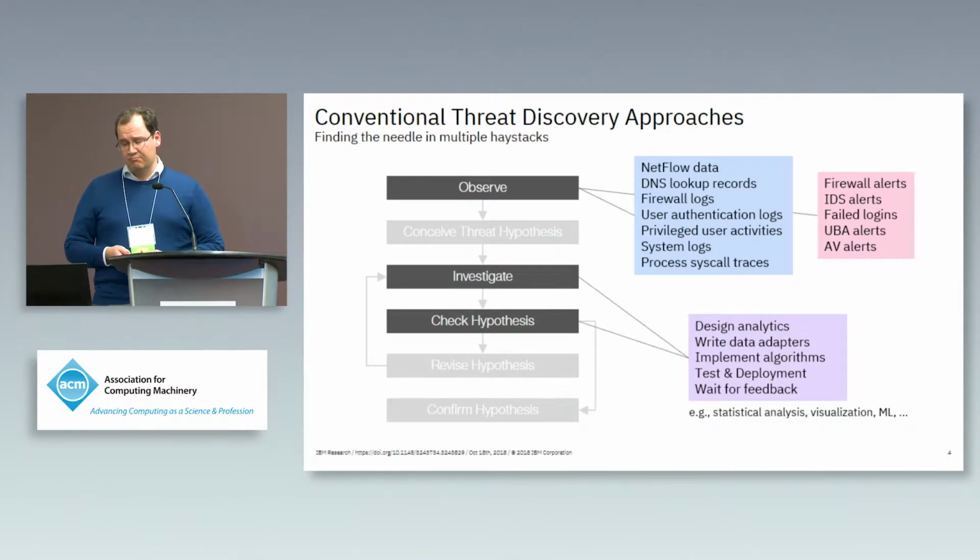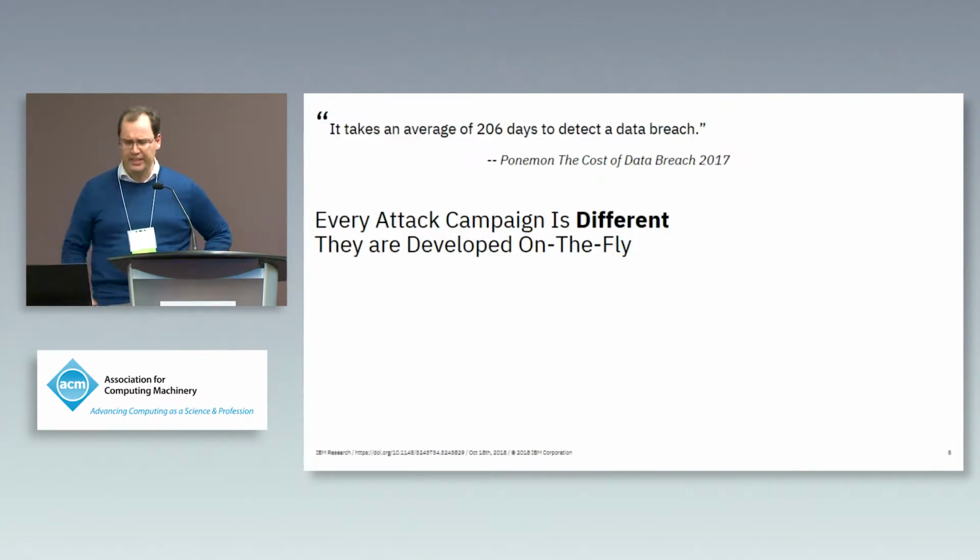And then the threat hunters are faced with this challenging task of basically coping with this heterogeneity and writing their own analytics, so to speak, to parse and sift through this data and visualize it in an attempt to connect the dots and find the malicious attack campaign that is hidden in the data.